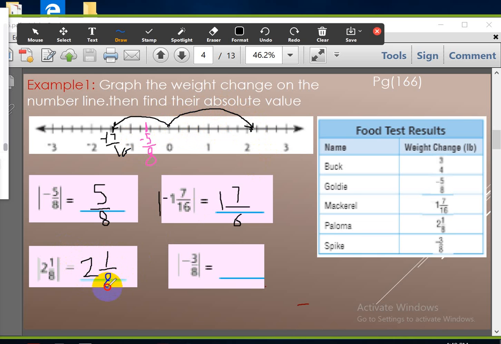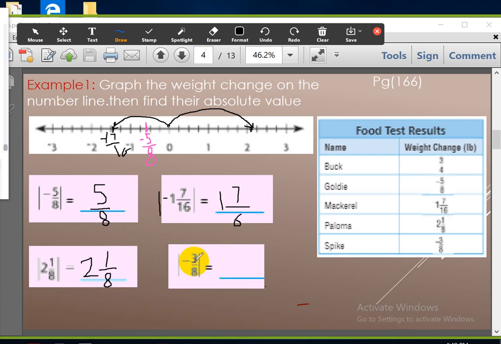It's not the opposite, girls. The negative will become positive and the positive will be positive. Always. Okay, Lamar? Girls, please focus on this. Absolute value is not the opposite number. Absolute value is the distance between the point that represents the number and the 0 point.